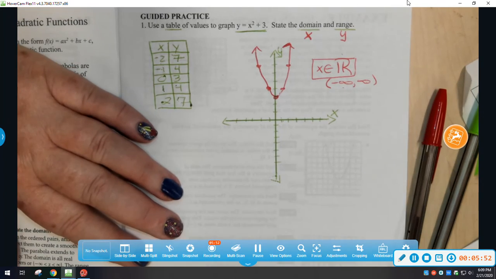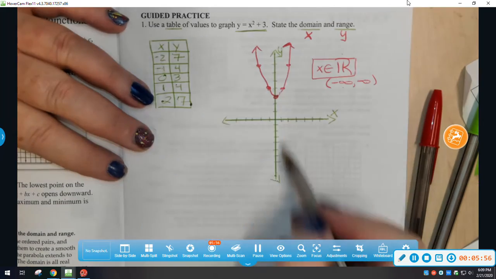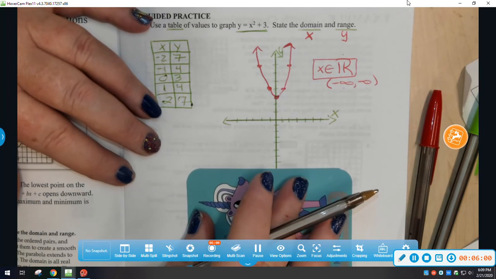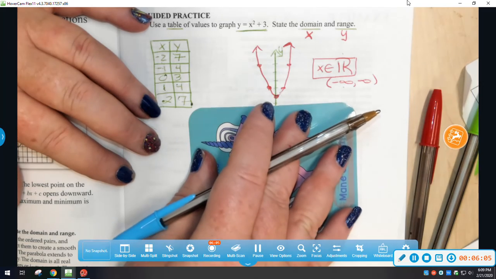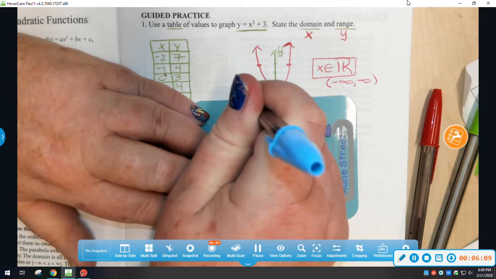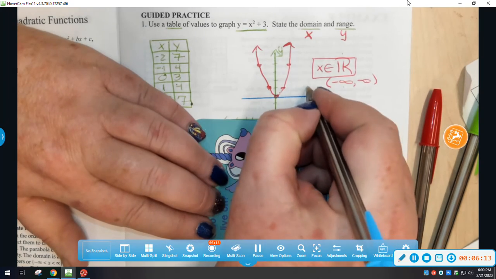Now our range. Our range is our set of our y values. So looking at our graph, I'll take my little unicorn Valentine here. I have not yet hit that graph. Bam! Right there. Whatever this y value is right here is where my graph is starting. And where's my graph going?